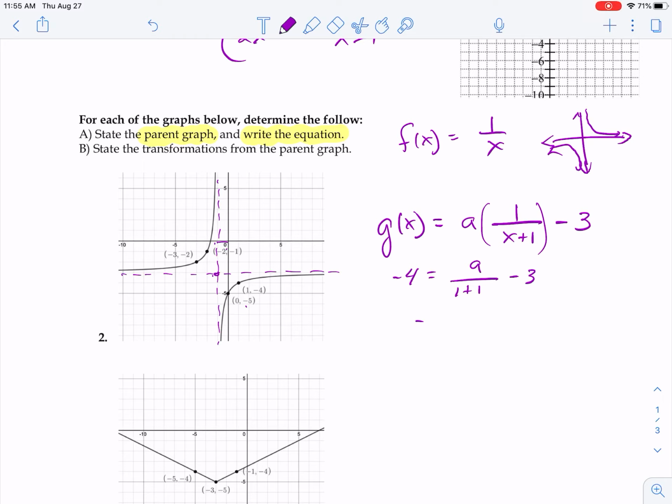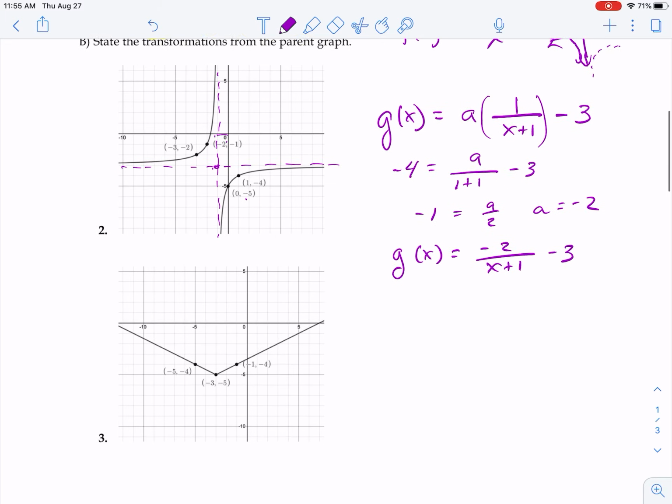Add 3 to that, and you get negative 1 equals a over 2. Multiply both sides by 2, and you get a is equal to negative 2. I go back and plug that into my equation, and I got g of x equals negative 2 over x plus 1 minus 3. The negative means it flipped over the x-axis, and sure enough, this branch flipped over to the bottom side. So I agree with that.